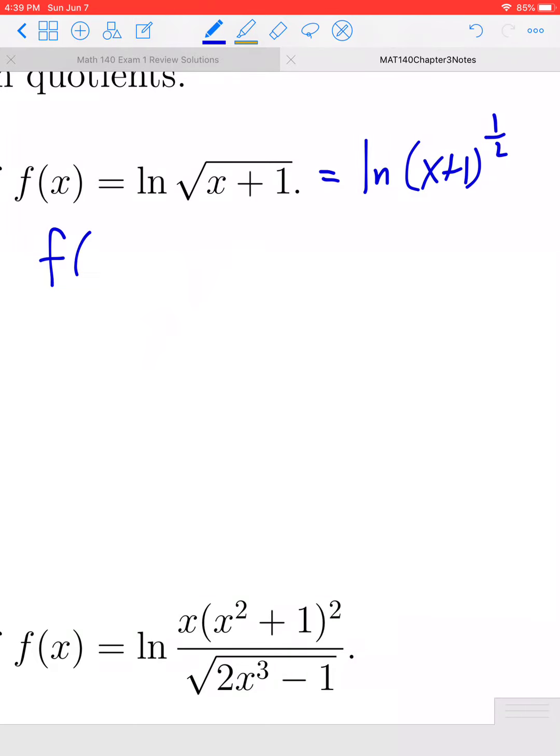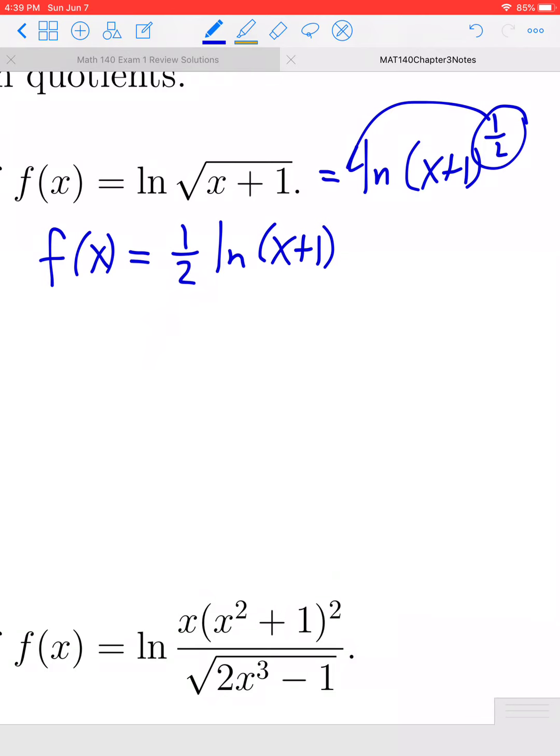However, if we use properties of logarithms, we can rewrite this. The exponential rule for logarithms, the power rule, says you can bring the 1/2 power out in front, and then this becomes the ln of x plus 1. And now we can take the derivative simply by using the constant multiple rule, just leave the 1/2 alone.